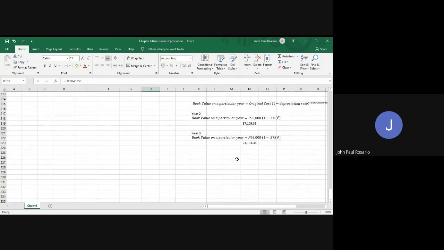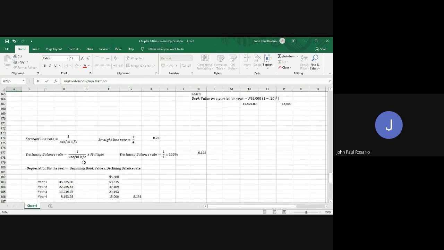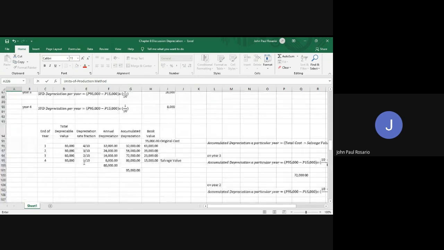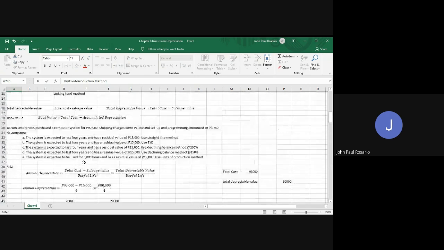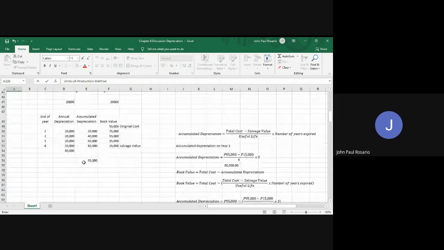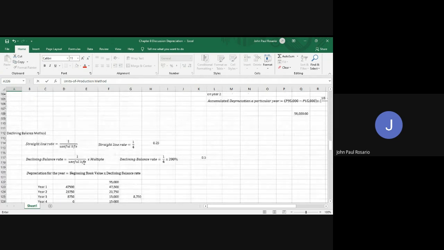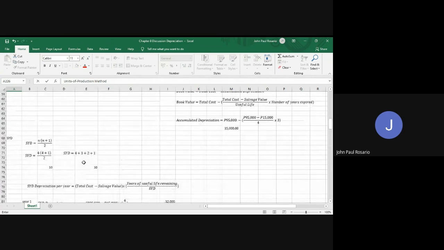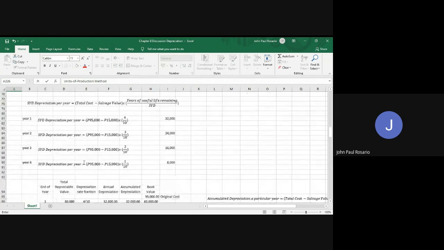Lastly, we'll be discussing the units of production method. For the units of production method, we still have to compute our total depreciable value. Well, we know that it's 80,000, right?